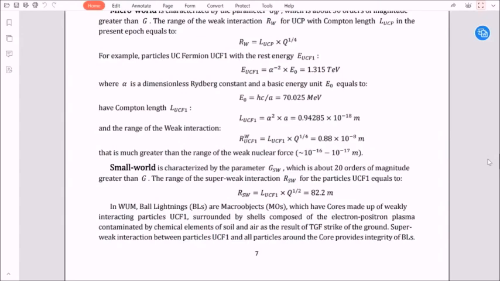In this world, ball lightnings are macro objects which have a core made up of weakly interacting particles UCF1 surrounded by shells composed of the electron-positron plasma contaminated by chemical elements of soil and air as the result of TGF strike of the ground. Super weak interaction between particles UCF1 and all particles around the core provides integrity of ball lightnings.